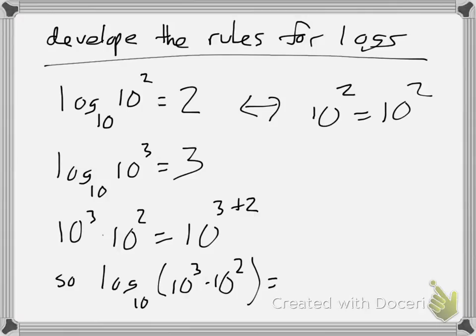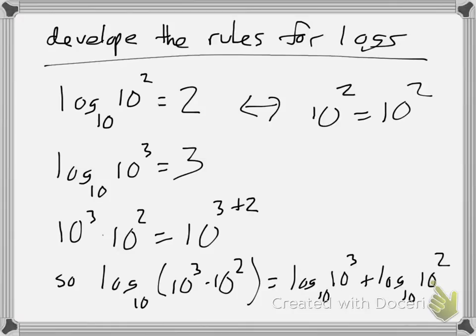Wait a minute. We know some rules on this. What would that rule say if I had things multiplied? You sum them. I can separate them with addition. So therefore this would equal log base 10 of 10 to the third plus log base 10 of 10 squared.